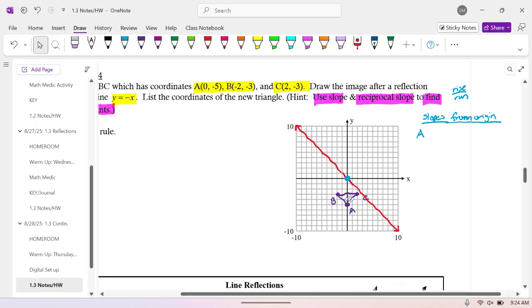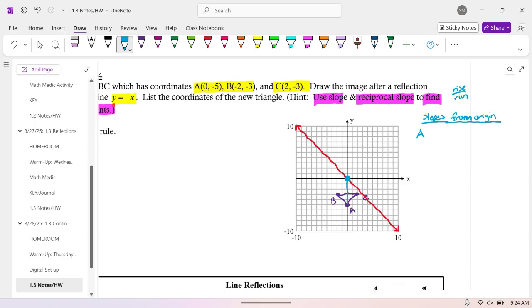So if I'm going from A to the origin, I'm going to go up 1, 2, 3, 4, 5, and there's no run. So technically, we would say it's an undefined slope, but because we want a reciprocal, we're just going to say that the rise is 5, but there's no run, so 0.